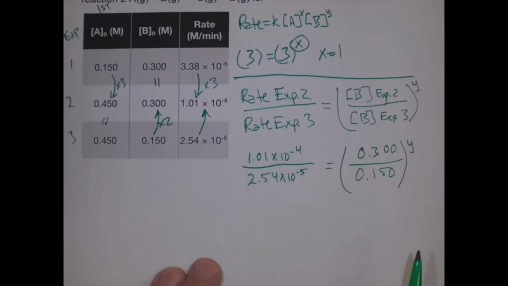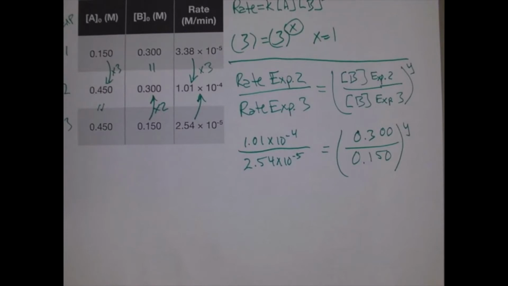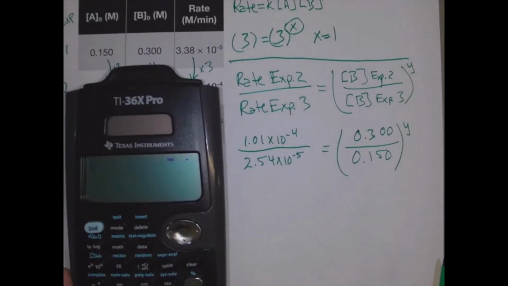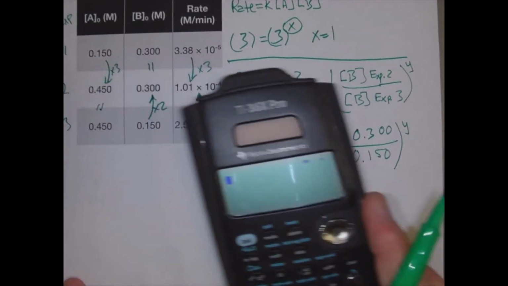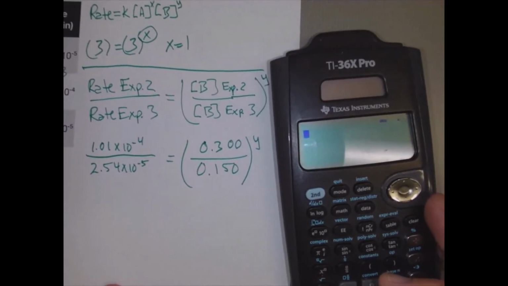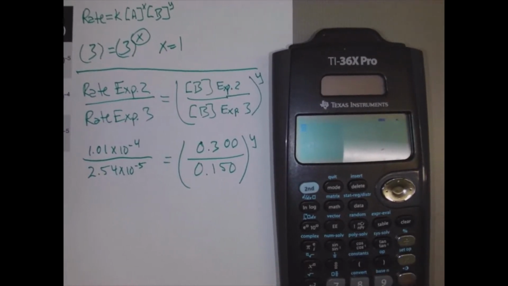Okay, so now we can just crunch these numbers a little bit, plug them into our calculator. So clear that. Okay, so I'll bring it over here so maybe you can see it. Okay, so 1.01 exponent minus 4, and divide that by 2.54 exponent minus 5.